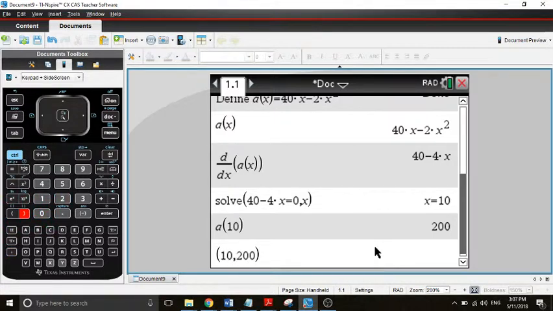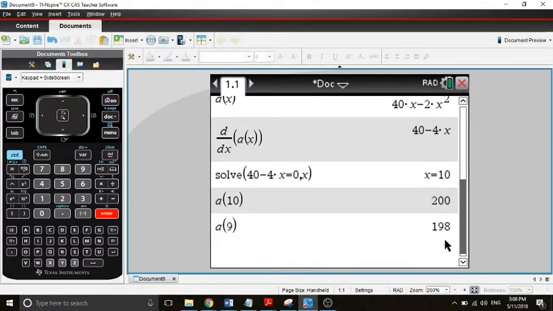How do we prove that it's a maximum? Well, we've got to choose a little bit below and a little bit above. We know that our turning point is at x equals 10, so we'll do x equals 9. We do our derivative, so we're going to define the derivative.